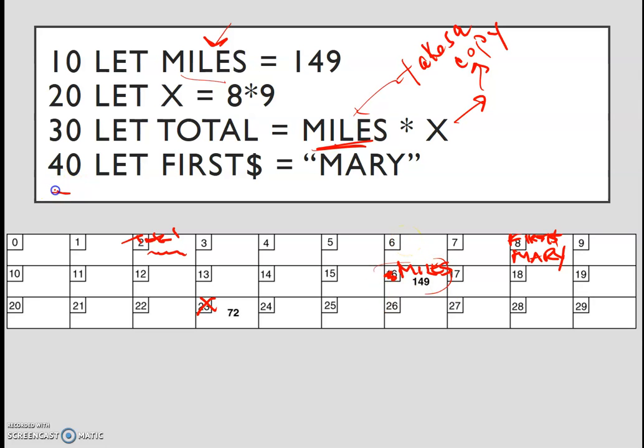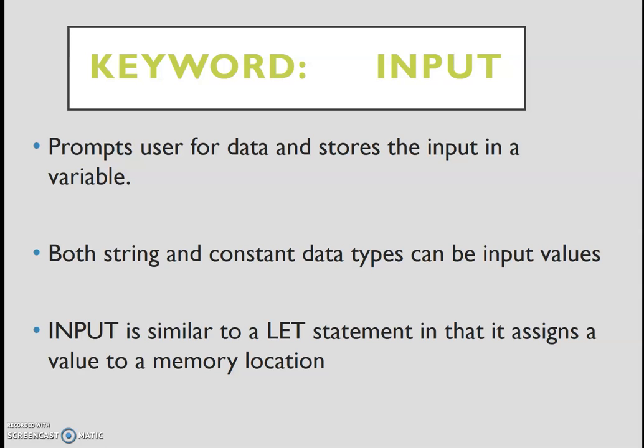So if I created another line of code and I said miles is now equal to 0, as I go through each executing line, eventually it will overwrite this memory location with 0. Another way that I can assign information to a variable is through the keyword input.